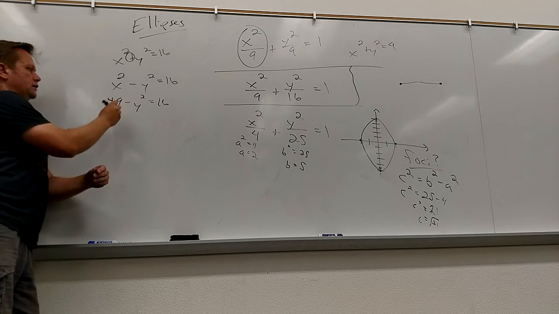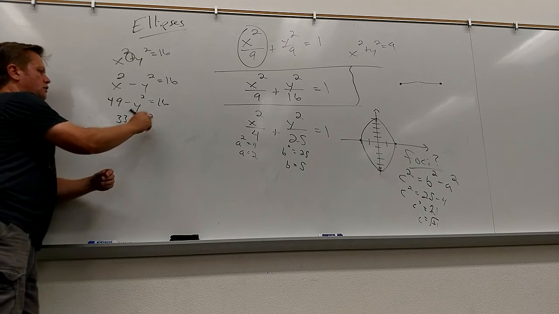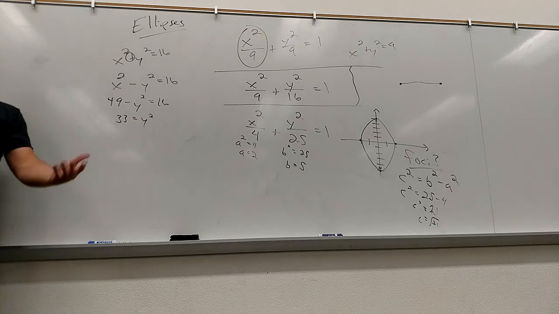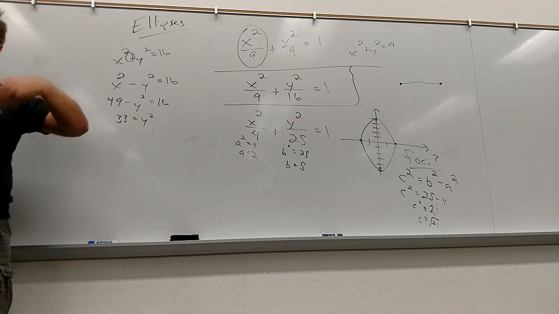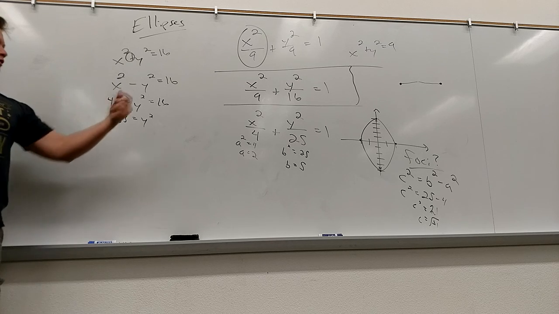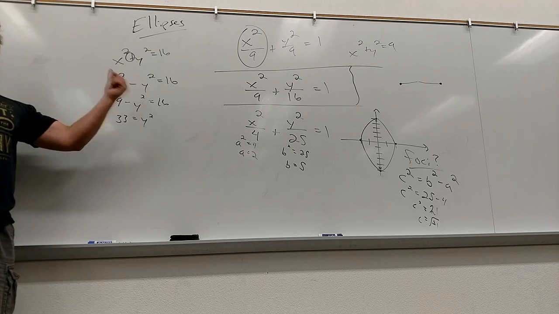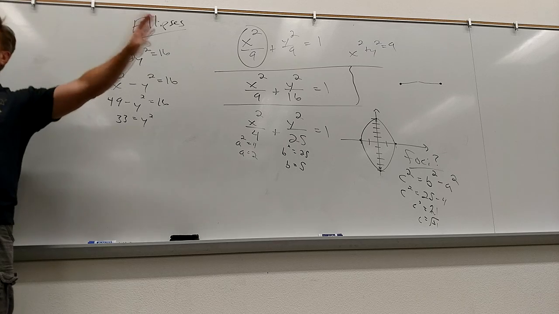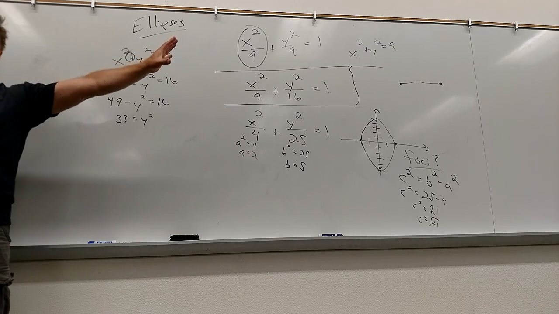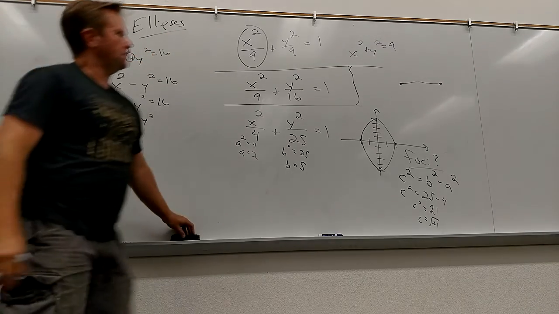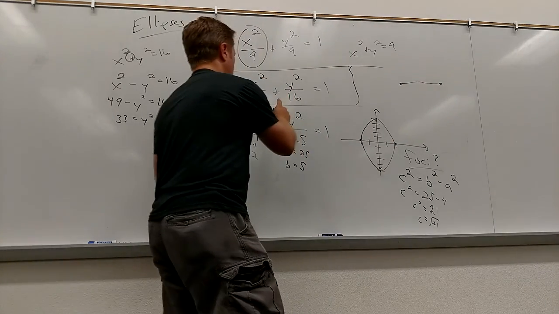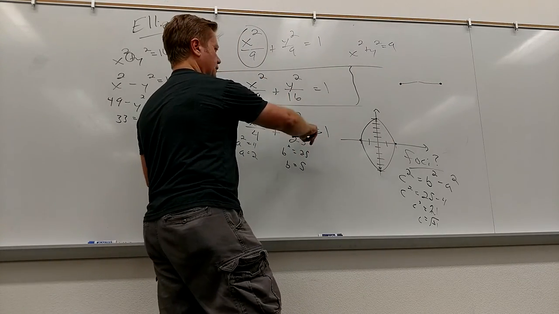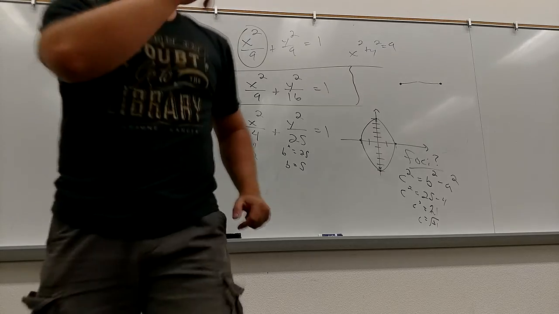Well, yeah, subtract 16, take the square root, you'll get a number. Not a beautiful number, but it's still a number. It's still possible. It's not an imaginary number, it's a real number. So putting a minus in the middle makes it not contained, makes it a hyperbola. It actually just opens out instead of being contained. So if I do the hyperbola equation related to this, let's see how it relates to that.